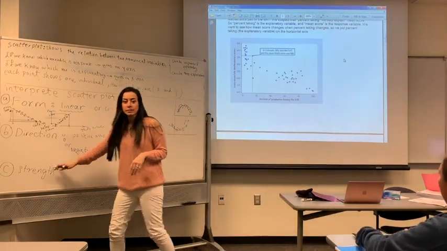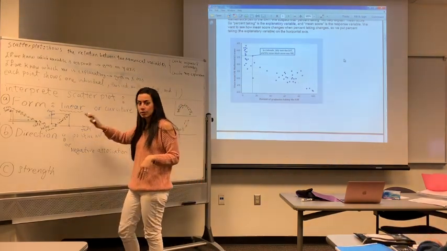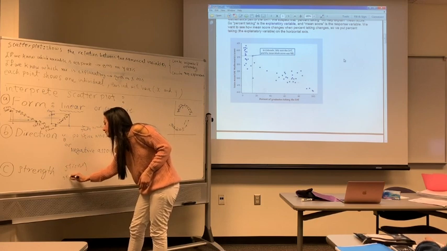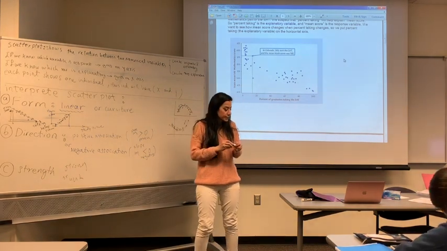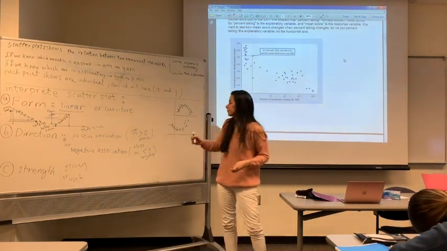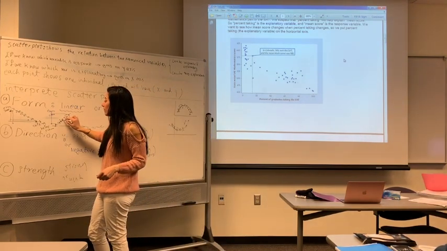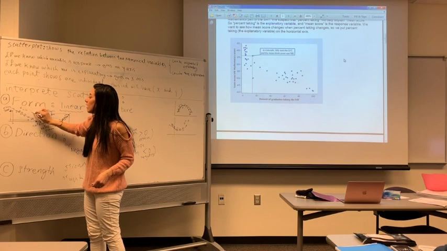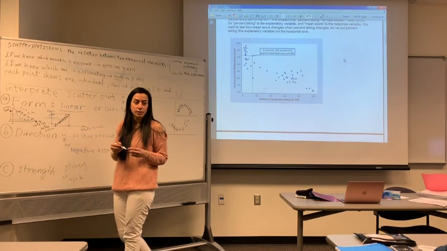Okay, strength. Let me just talk about this for maybe 1-2 minutes, and then again we will go back through everything next time. Either the relation is strong or weak. So how do you explain this? Here we have all these points close to the line, and here we have lots of points scattered everywhere, not close together.